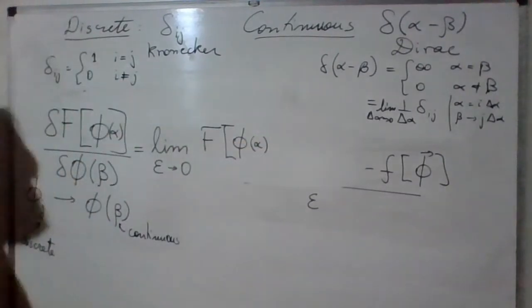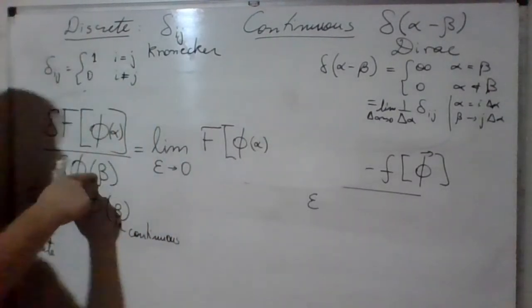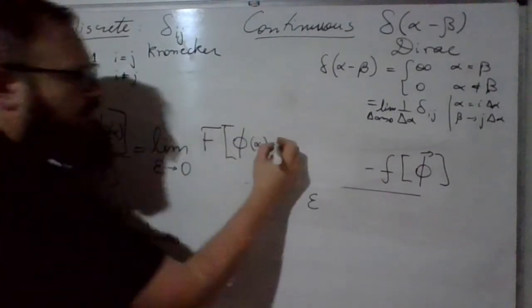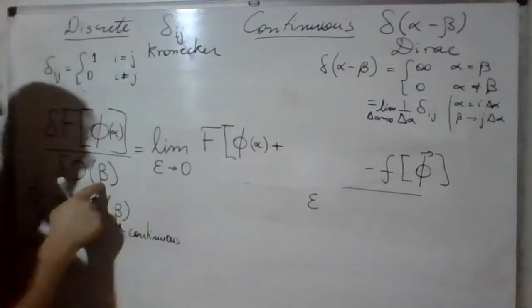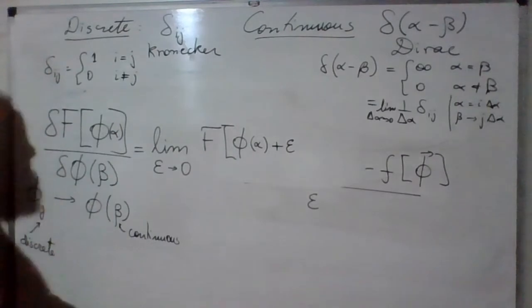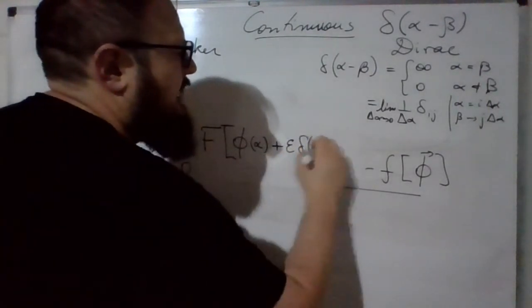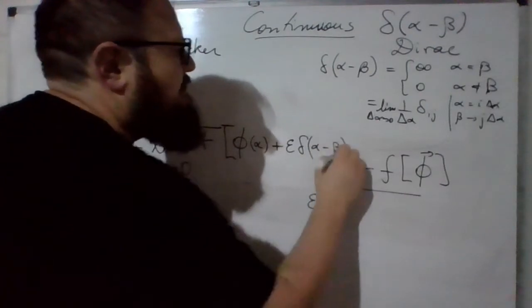It depends on alpha in the index alpha. But at the point beta, corresponding to the index beta, I will introduce a small variation, delta alpha minus beta.